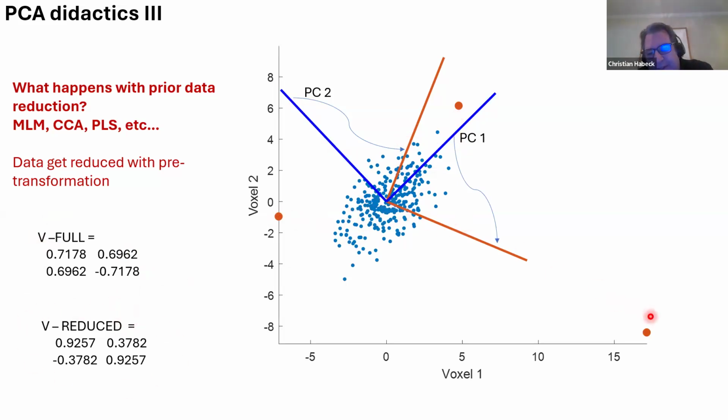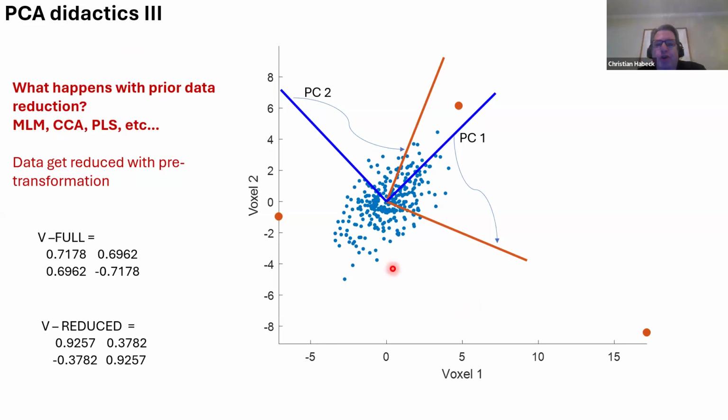You can see now this is the major source of variance, and this is orthogonal to the major source of variance. And you can see that the brain images that come out can really be radically different, right? Now, I'm not saying this is simulated data.